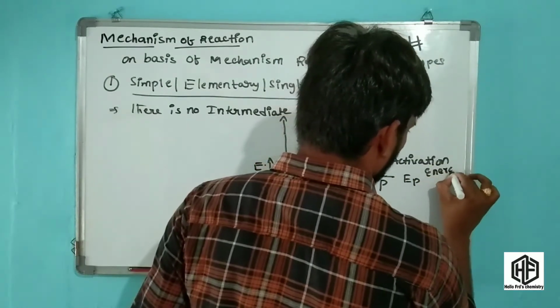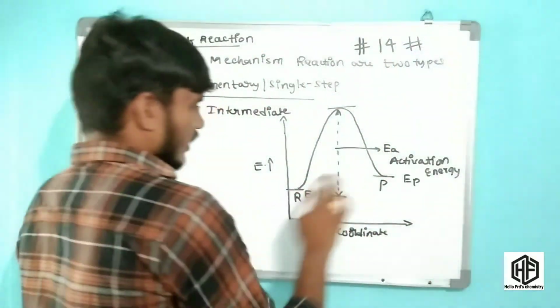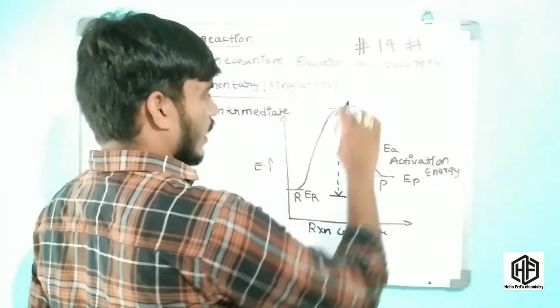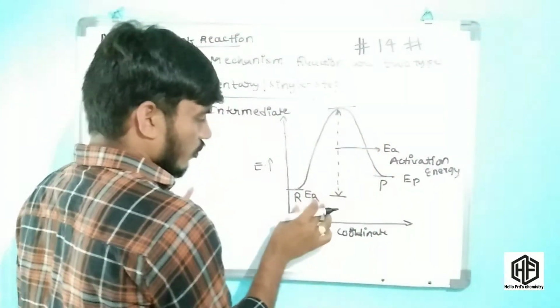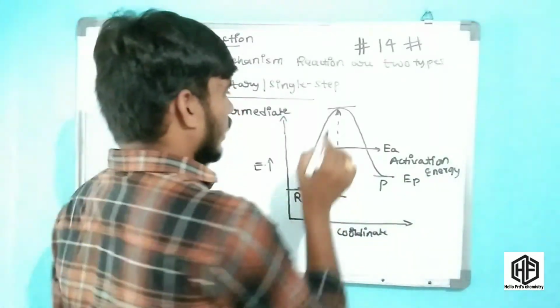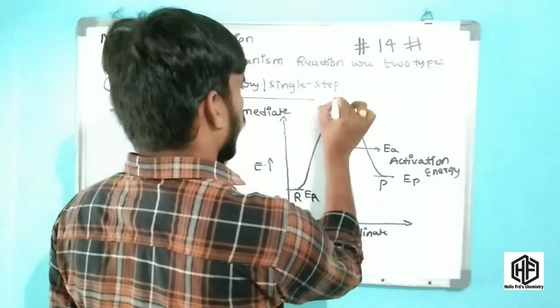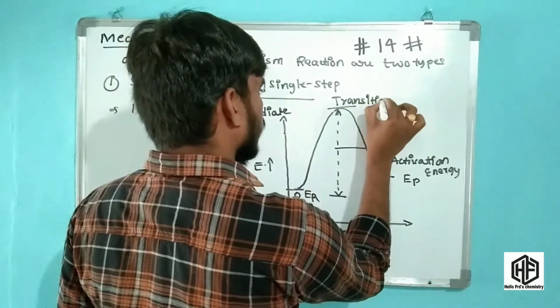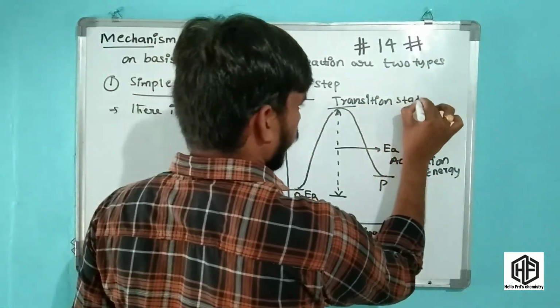To cross the energy barrier, the amount of energy required by the reactant is called activation energy. This state is called the transition state. This is very important friends.